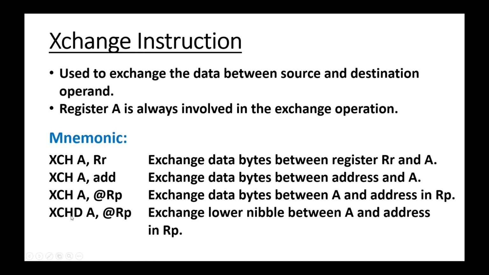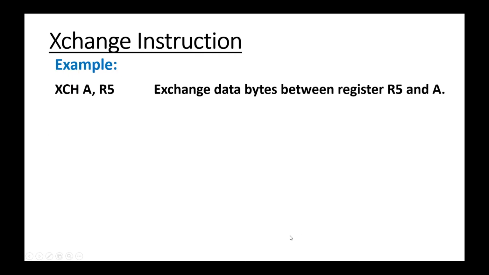And this is the variation of the XCH instruction, XCHD, in which it exchanges the lower nibble of the data in the accumulator and the address in Ri. So we'll look at the examples.